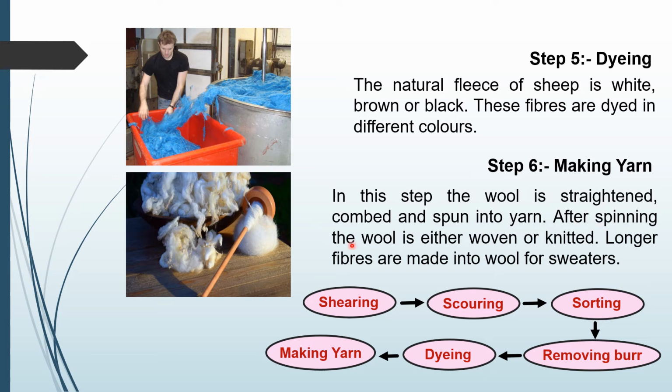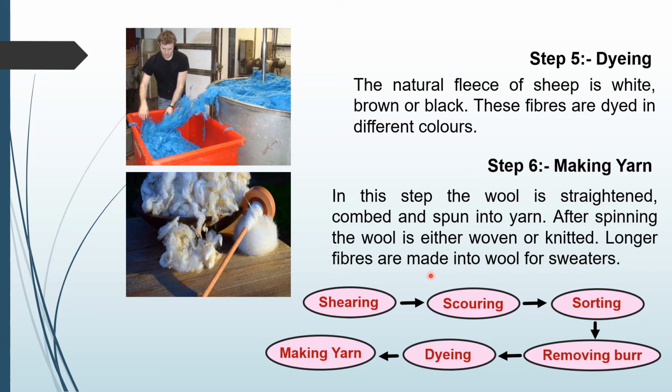After spinning, the wool is either woven or knitted. Longer fibers are made into wool for sweaters, and after spinning, using the yarn we can make fabric. So those are the 6 steps to make fiber into fabric.